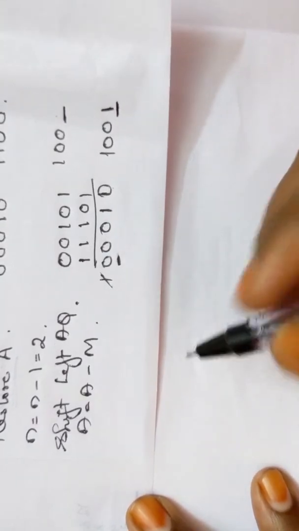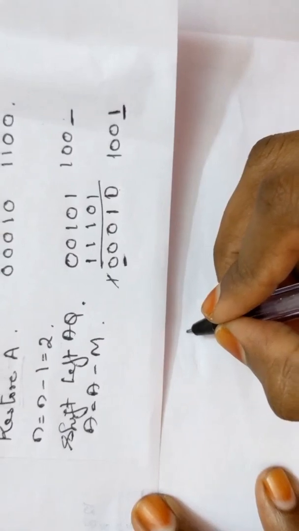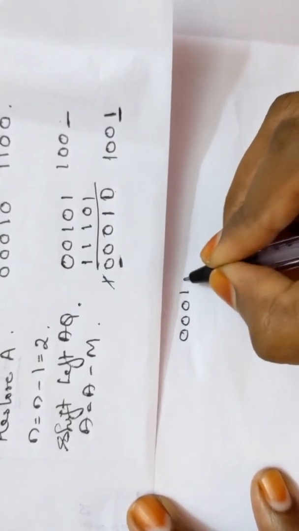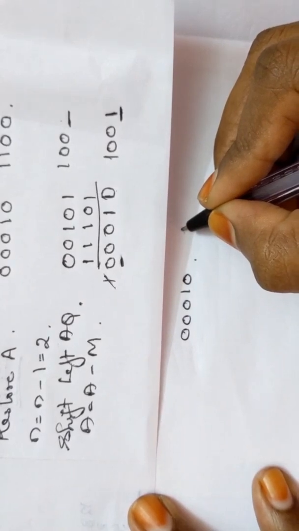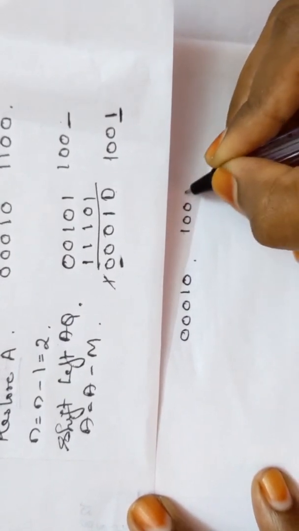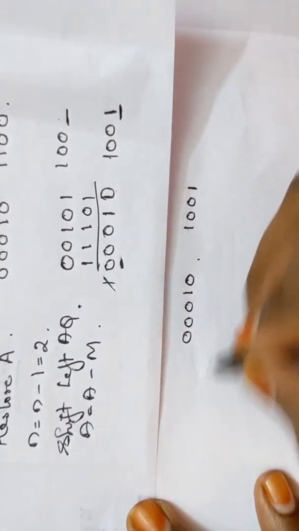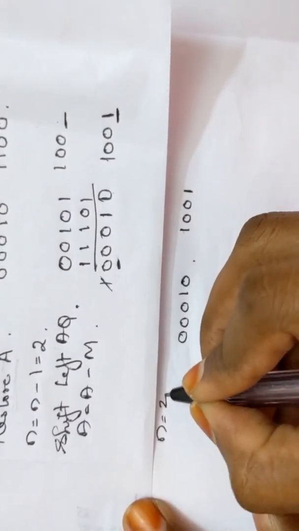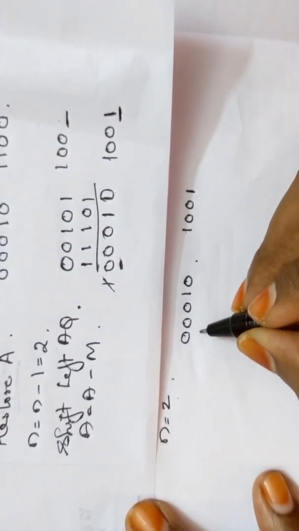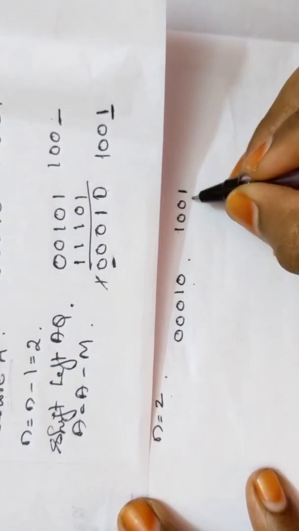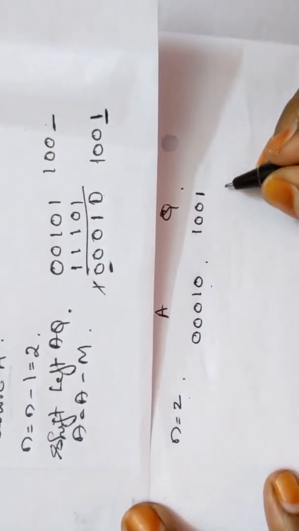So at the end of this cycle, A will be having 0, 1, 0, and Q register will be having 1, 0, 0, 1. At the end of this cycle n will be equal to 2. A register value will be this one, and Q also will be this 1, 0, 0, 1.